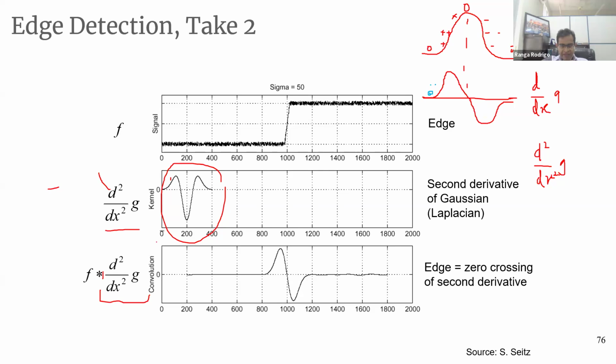Here some large value. Here it is 0. Here a large negative value, then negative small values, negative small values.